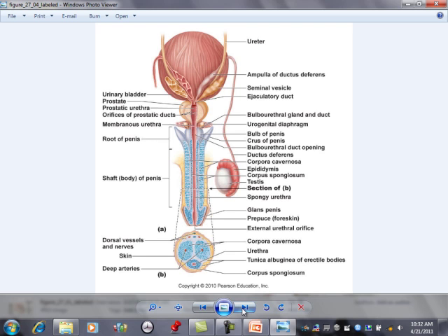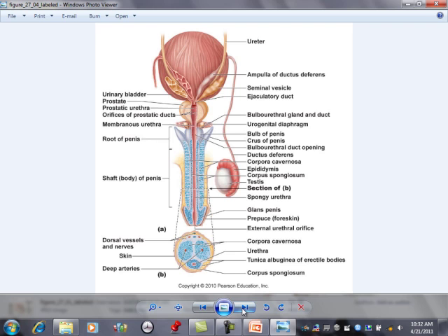All of these have their job to do as far as their contribution to semen. And again, that's the fluid that's going to help these cells on their travels, help them mature, give them the nutrients they need, and the protection they need. The protection they need, because they're about to go into a very hostile, acidic environment. And in order for them to get to where they need to go, they need protection from that acidic environment.